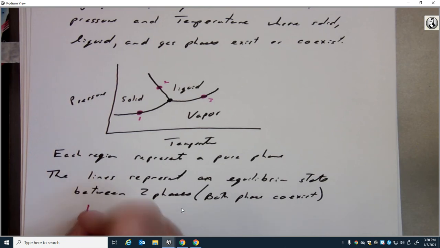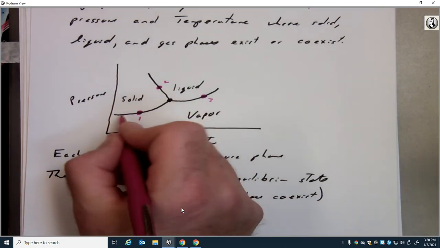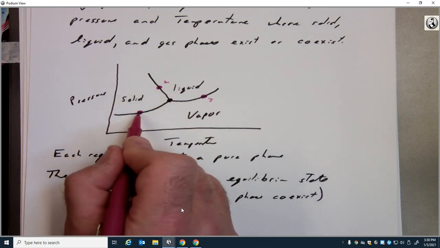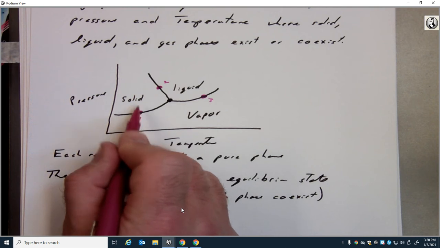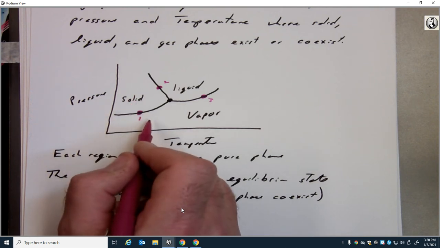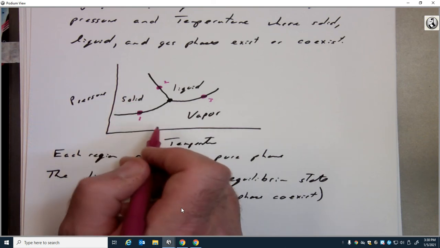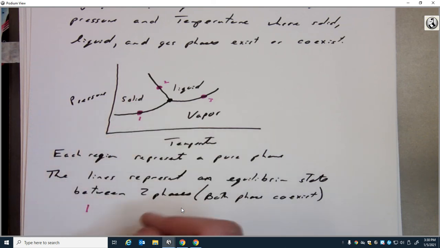So let's look at point 1. In point 1, this is the line between a solid and a vapor. So if we're on this line right here, that means we have both solid and gas. So if I go across the line here, we're turning from a solid into a gas. Okay.